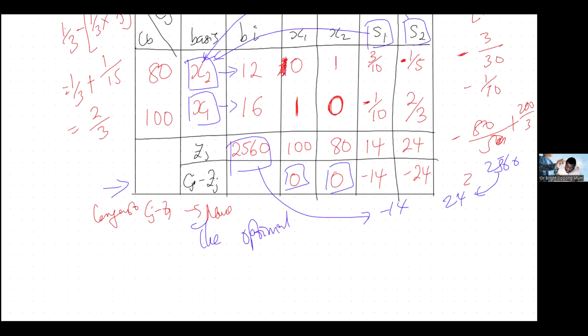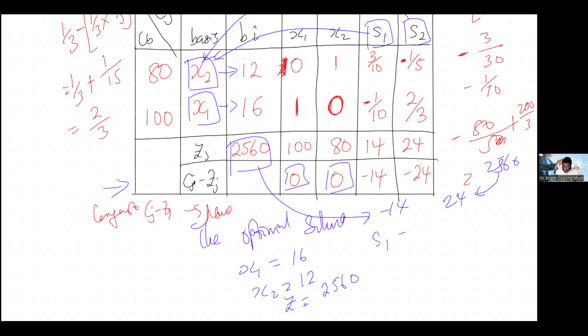So we'll say that the optimal solution is x1 is 16, x2 is 12. Our z, the function, the profit, is 2560, right? And we have a surplus.